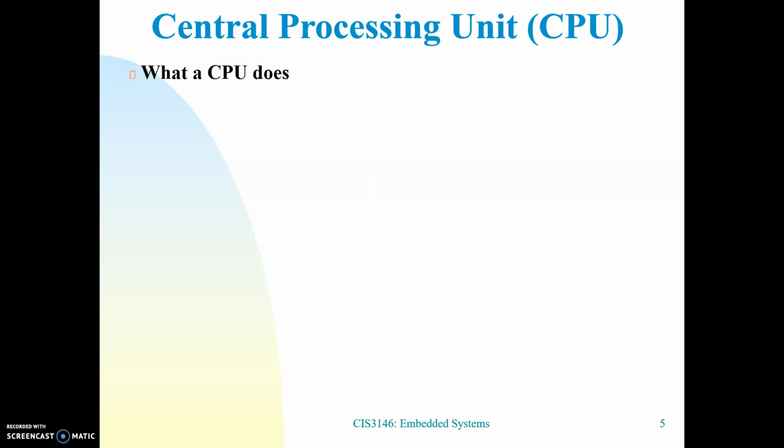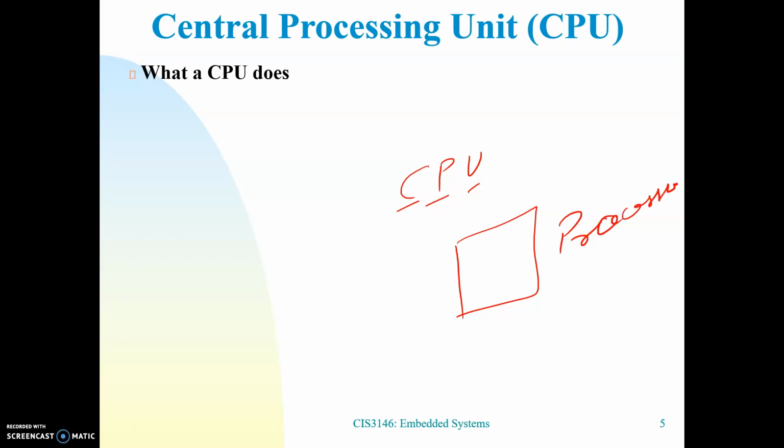The CPU contains at least one processor. So if you are talking about the CPU, central processing unit, you will have to have one processor in it. Or nowadays we can see many processors in a computer system to improve the speed of execution of instructions.